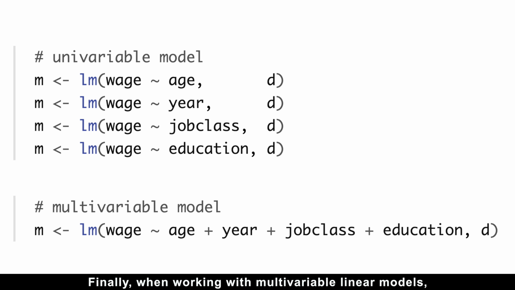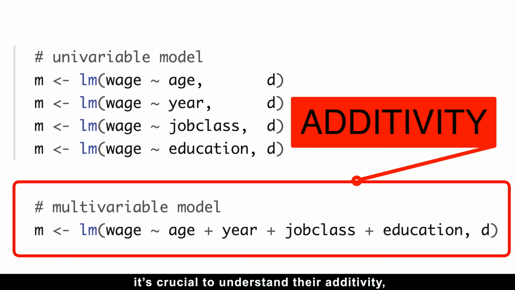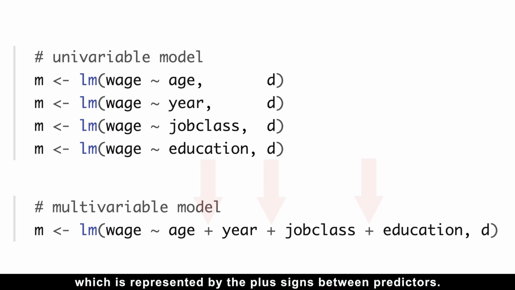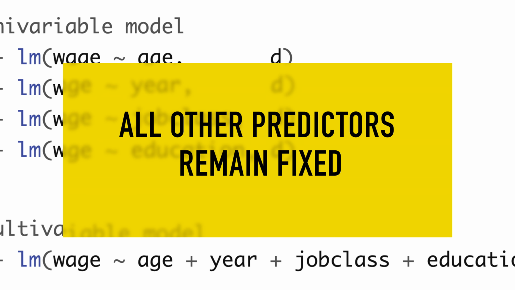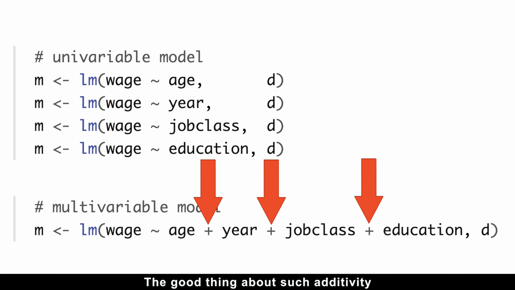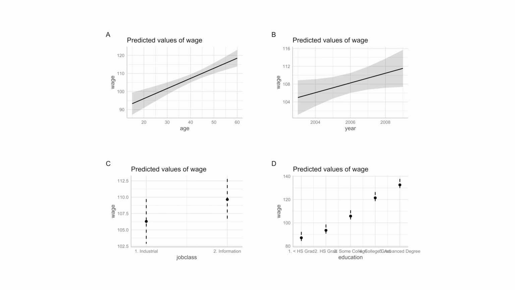Finally, when working with multivariable linear models, it's crucial to understand their additivity, which is represented by the plus sign between predictors. Remember that interpretations always include the caveat that all other predictors remain fixed. So the good thing about such additivity is that we can interpret the effect of an individual predictor isolated from all other predictors.